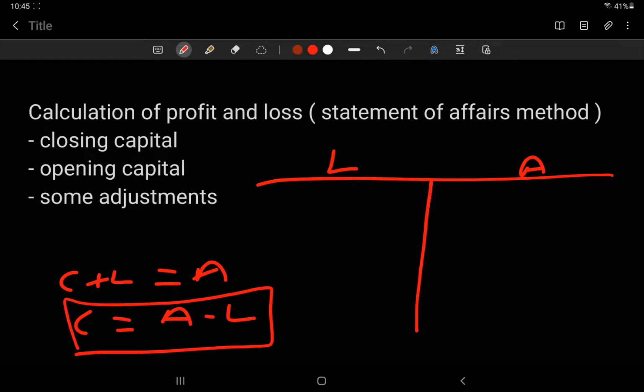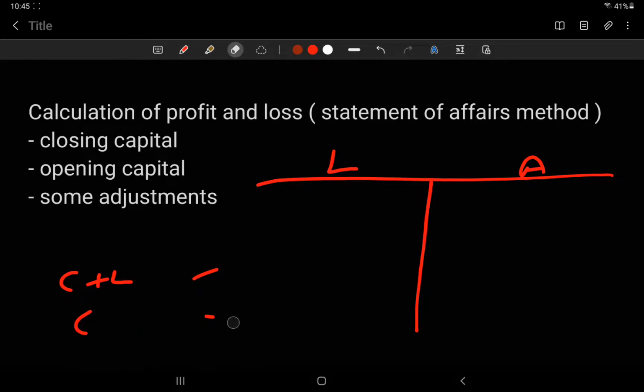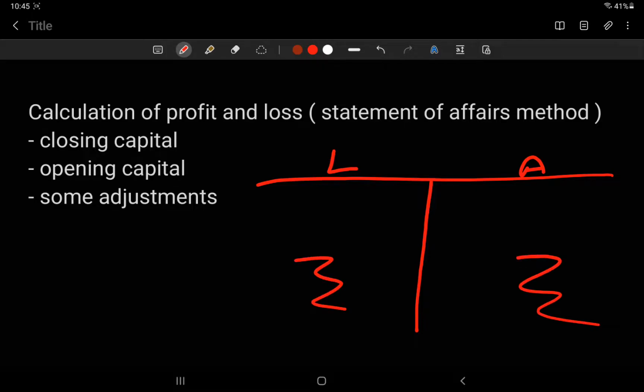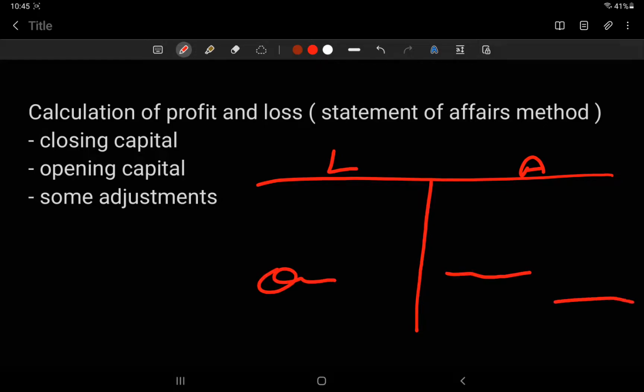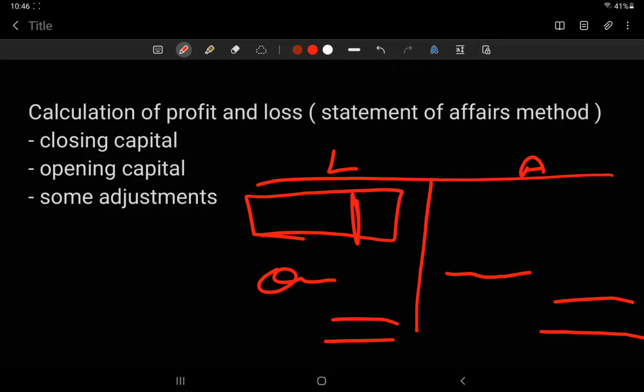There will be details given in the question about what the liabilities and the assets are. If we write those liabilities and assets given in the question, then there will be a difference, a deficit on the liability side, and the deficit amount will be the answer, which is the capital amount.